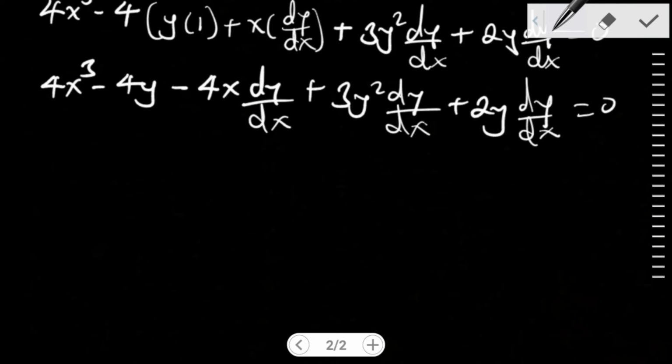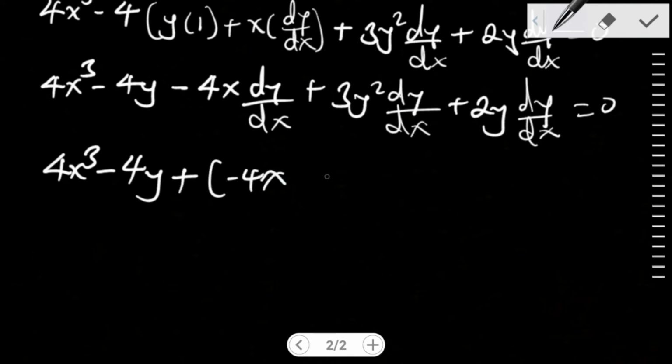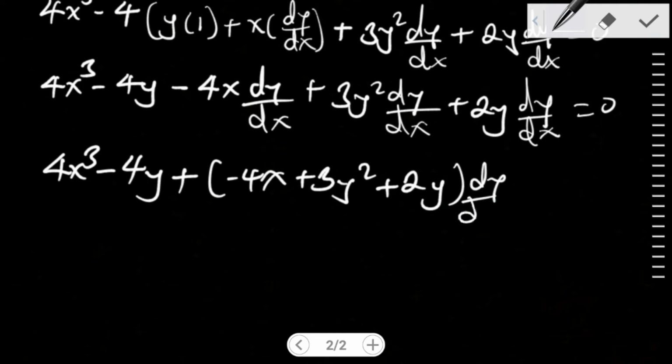The next thing here, let me collect the like terms. So I'm going to have 4x cubed minus 4y, plus negative 4x plus 3y squared plus 2y, dy/dx equals 0.